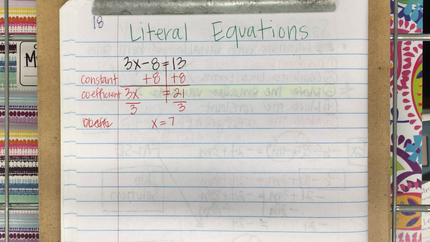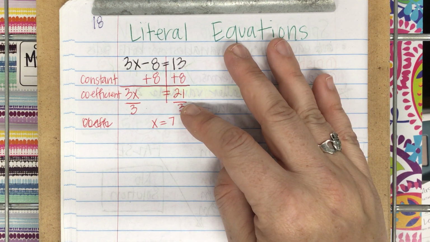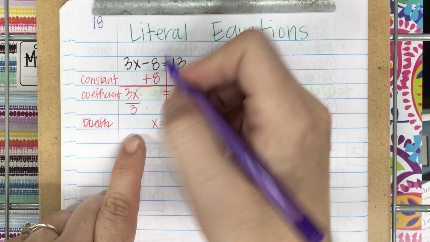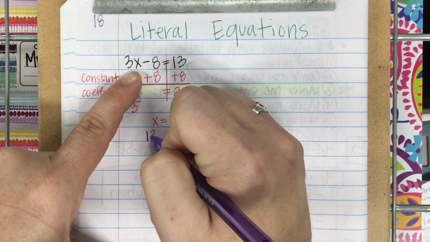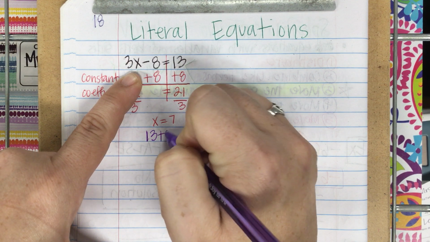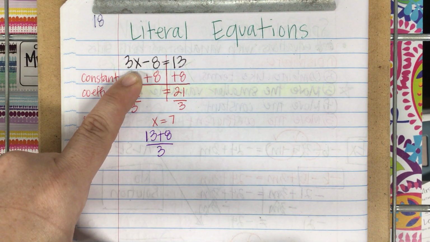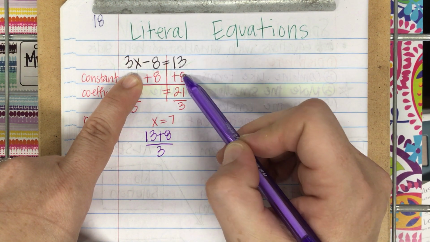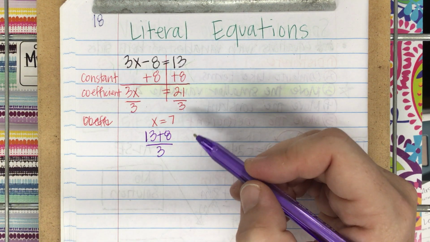Now here's the part that I get lots of times. You're not even at this point in algebra showing these steps, because what you're going to say is, oh, Mrs. Long, I'm just going to do 13 plus 8, and then I'm going to divide it by 3. Do you agree? That's what you did to this problem. You did 13 plus 8, got 21, and then you divided by 3, and you got 7, correct?